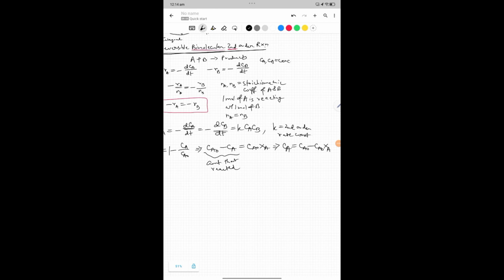Similarly for B also I can write CB is equal to CB0 minus CB0 XA.